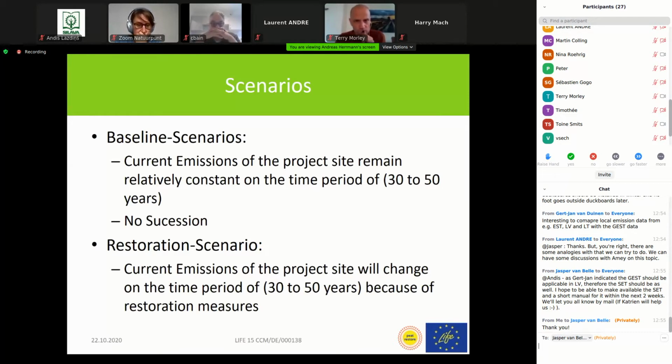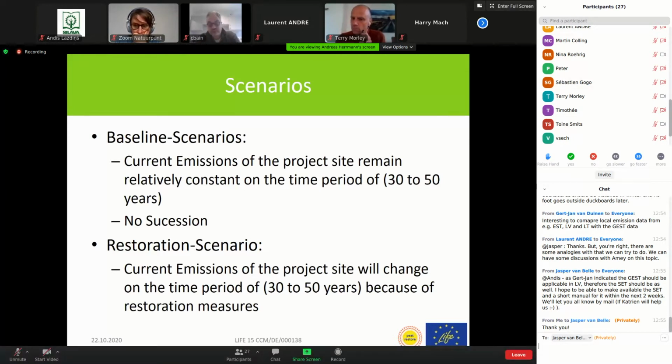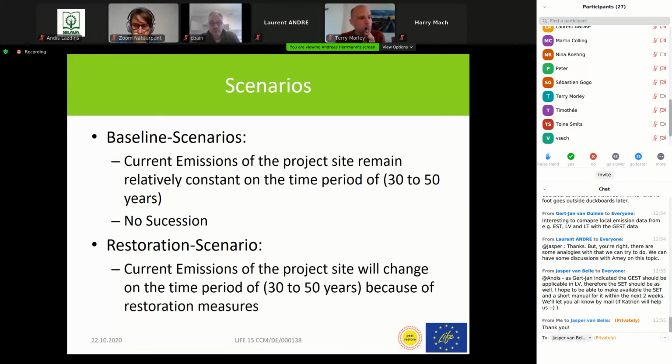So we use this baseline scenario as a state of the art scenario to find out how many GEST types we have, and then we calculate the emissions from our project sites as a baseline. And then we create, in the different project regions, the current restoration scenarios that take into account that we may have a die-off of woods or forests, or active cutting of woods.